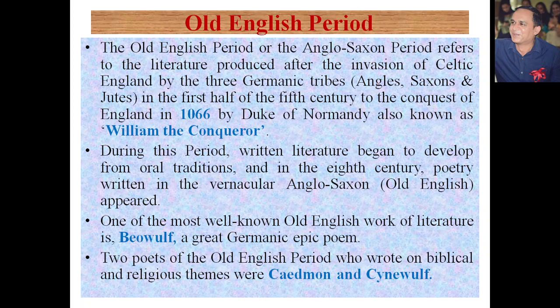He was given the title of William the Conqueror, right? So 1066 was the first time French rule came into England. And during this period, written literature began to develop from oral traditions, and in the 8th century, poetry written in vernacular Anglo-Saxon, that is Old English, appeared, right?